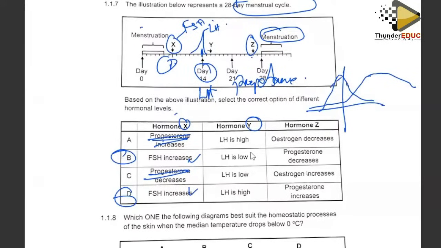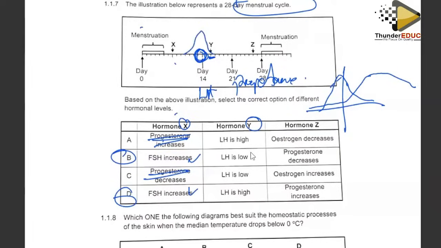It goes up only on day 14, then drops down. So I expect Y to drop at this point because this is after day 14. So automatically, the LH is going to be low.